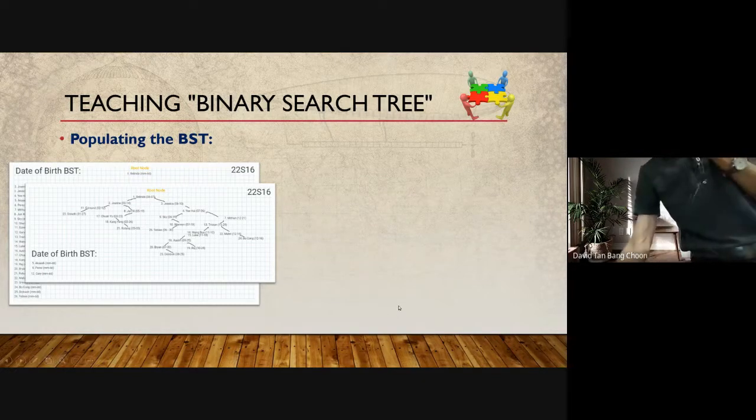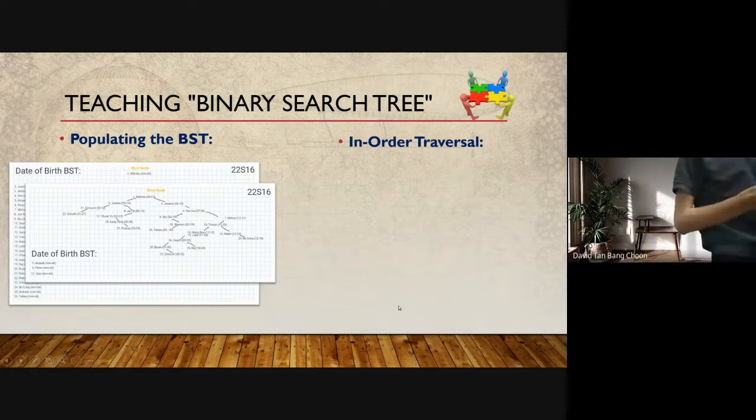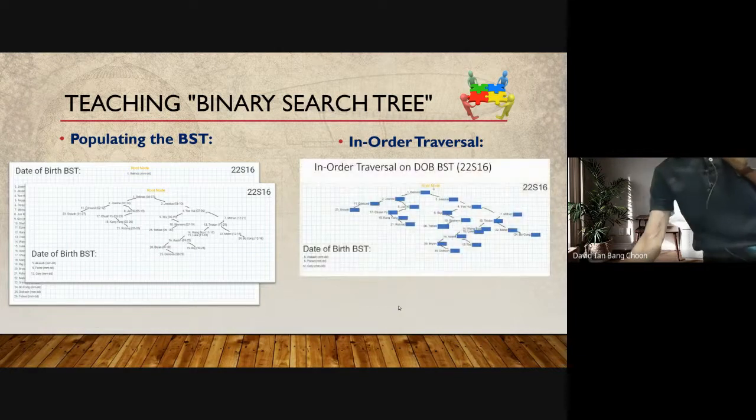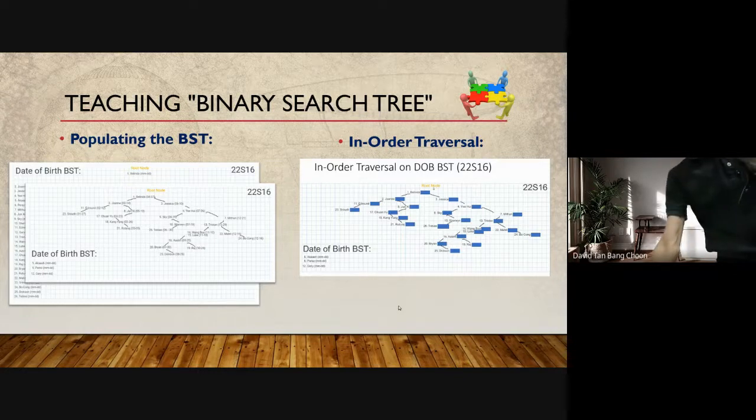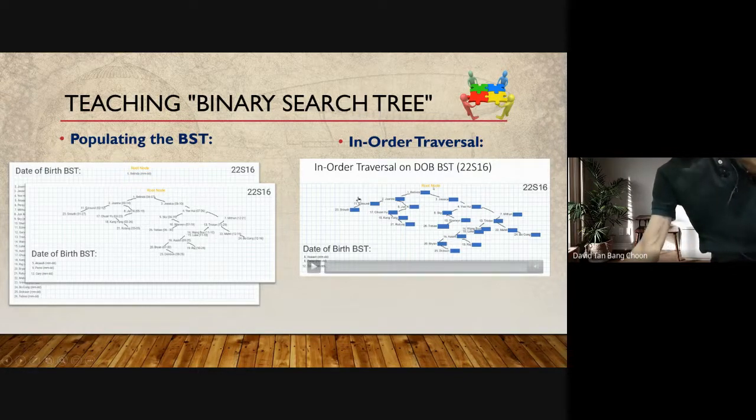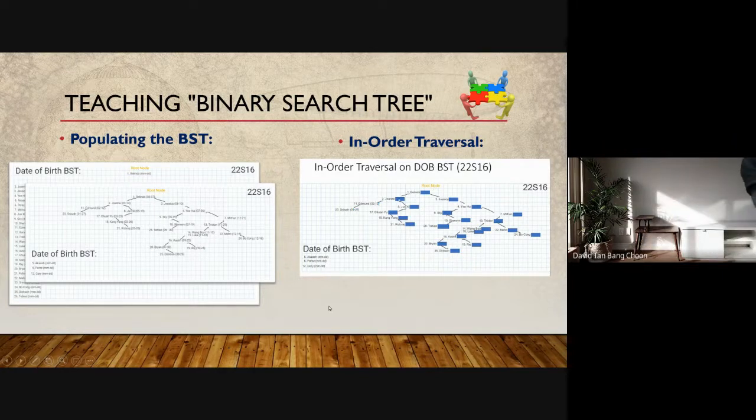And I use the tree again in my part 3, where I teach them about traversing. Specifically for the in-order traversal, I gave them a PowerPoint slide, which is attached to their assignment, and they all have a copy. They have to do an in-order traversal such that the outcome is sorted from lowest to highest.